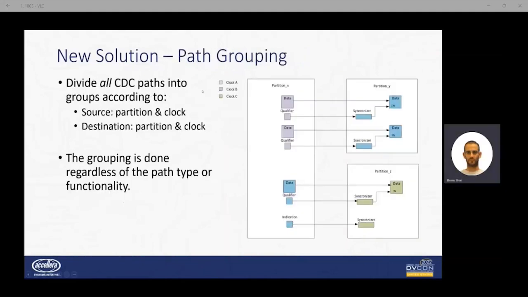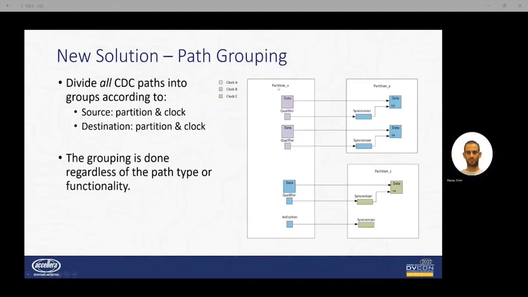So in order to use our new solution, first of all, we take all of the CDC paths and group them according to the source partition and clock, and to the destination partition and clock.